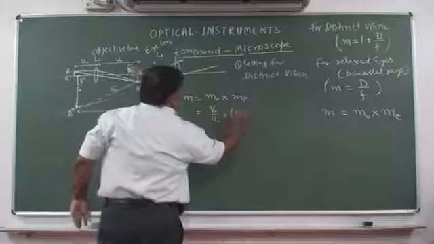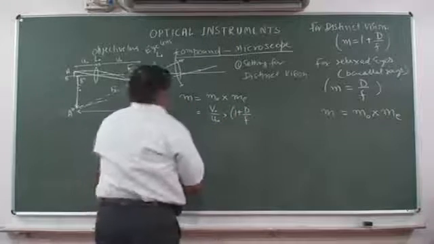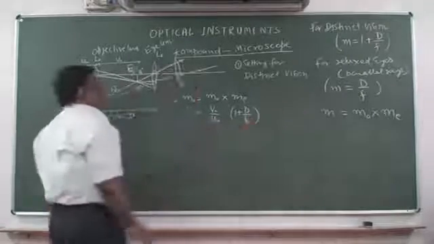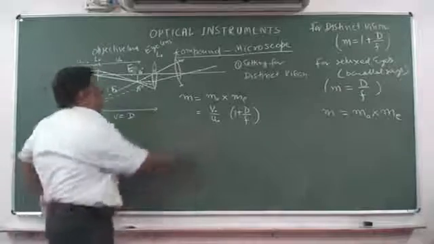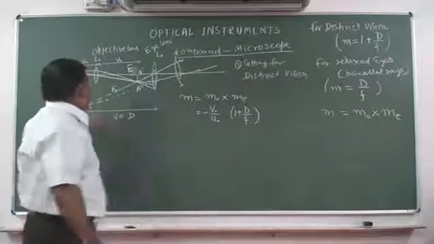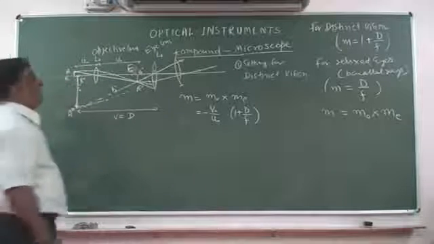So this is 1 plus D upon F. We need not write this. So this is magnification formula for, and here we will write minus. Why minus? Because the image finally you will see is inverted compared to this.